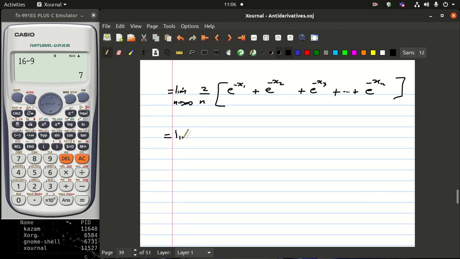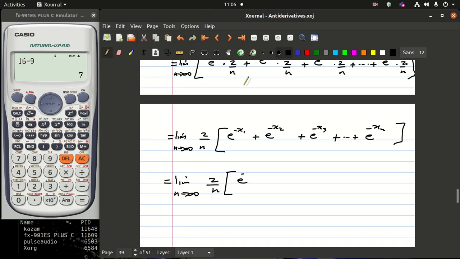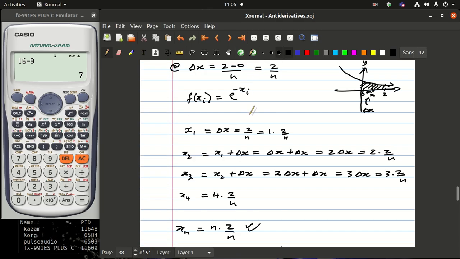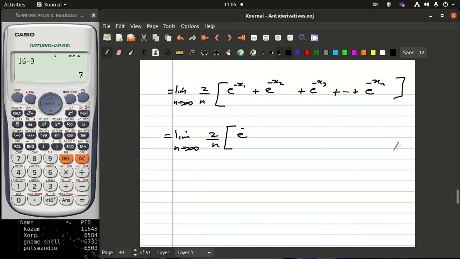The next thing, I still have the limit as n approaches infinity of 2 over n, and then inside here I have e raised to minus, what was x1? If you go back to x1, x1 was the same as 2 over n. That was x1. x2 was 2 times 2 over n, 3 times. So I'm just going to substitute now.